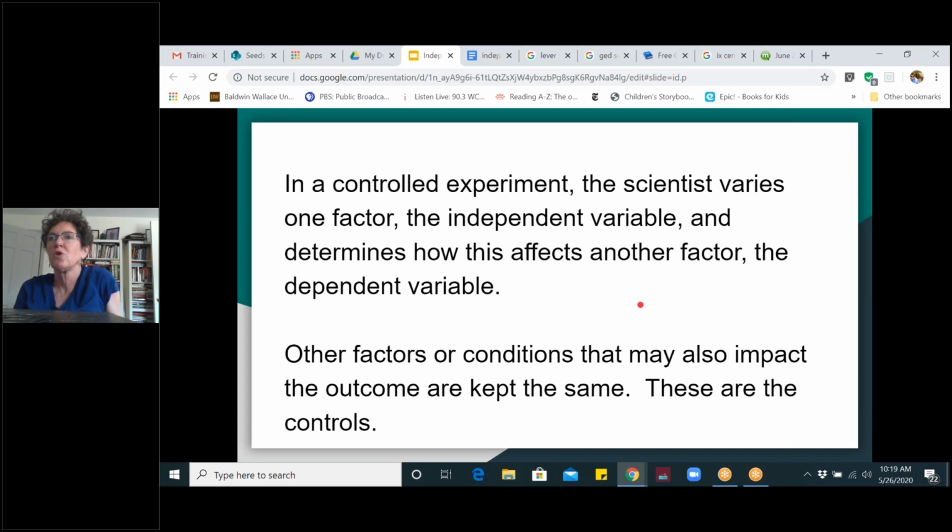These are the controls. So if it helps you to think about the experimenter varying or changing one factor, then that's the independent variable, the one that you change on purpose, and then you determine how this affects another factor, and that's the dependent variable. It's just another way of explaining the difference between an independent variable and a dependent variable.